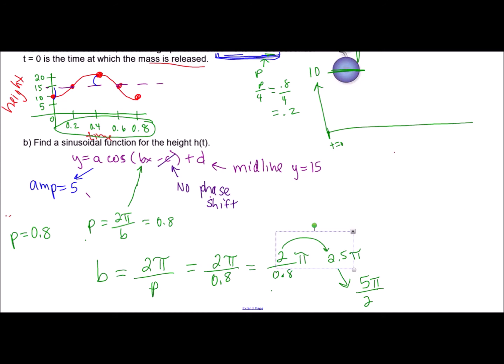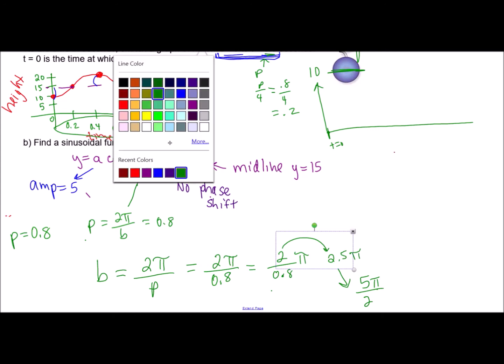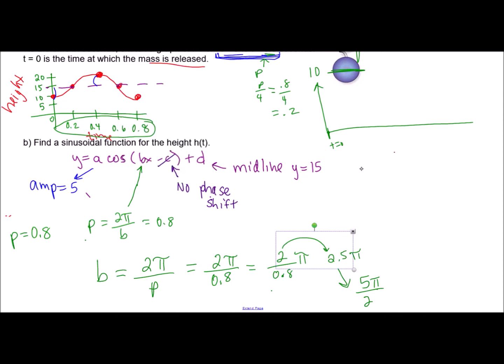Doesn't matter though. Okay, so we've got our a, b, and d. So we can write out the formula for our function. It would be h of t, because that's what they told us to write it in terms of, equals a, which was 5, times the cosine of b, which is 5 pi over 2, x, plus 15.